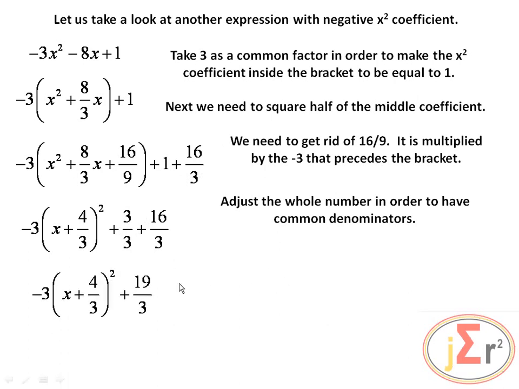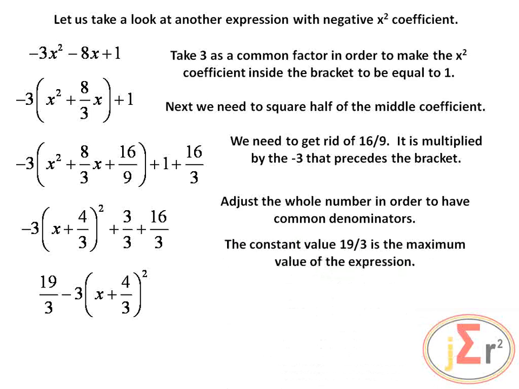And of course, we have 3 plus 16, 19 over 3, and in our normal custom of placing the negative at the back, we put the positive 19 over 3 at the front and the other part of the expression, which is of course negative, at the back.